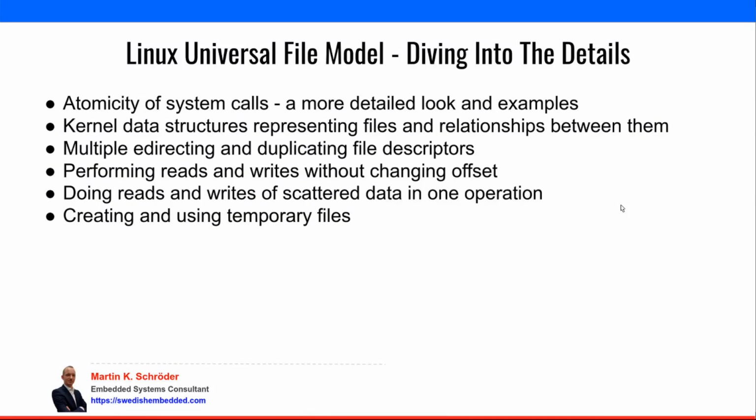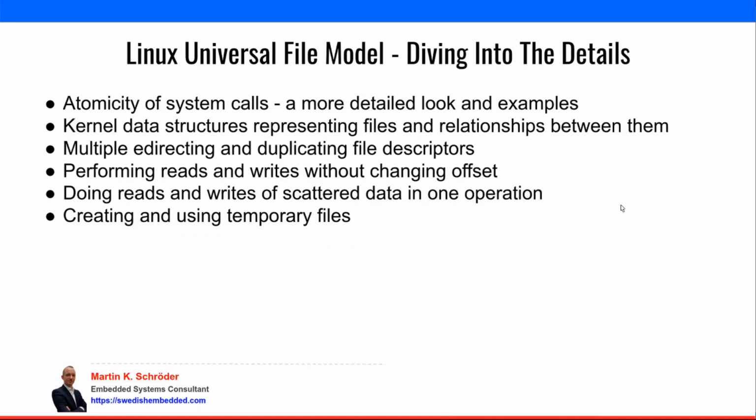Today we're going to cover in more detail the atomicity of some system calls. For example, if we want to atomically move the file position in a file and read or write data to that position, we're going to learn how to do that without making two system calls and running the risk of corrupting the data if you have two processes or two threads trying to do the same thing at once.